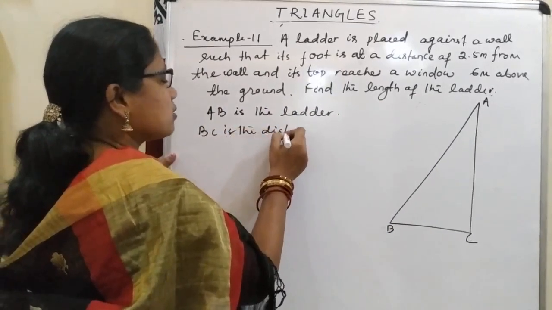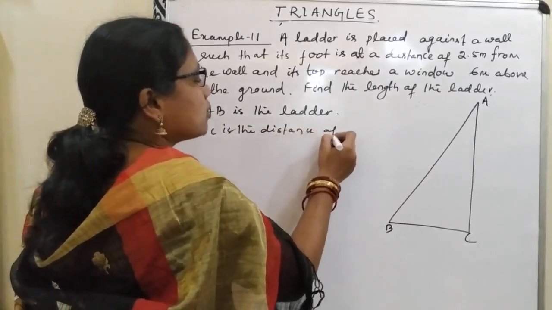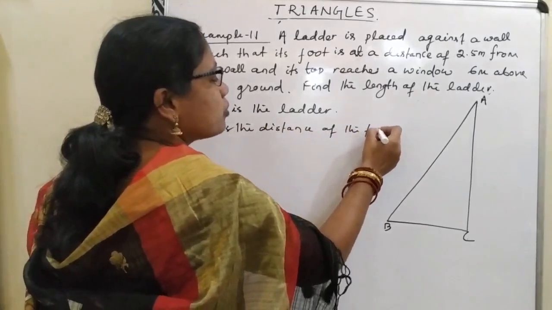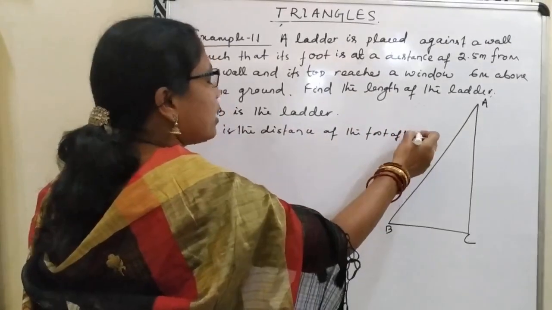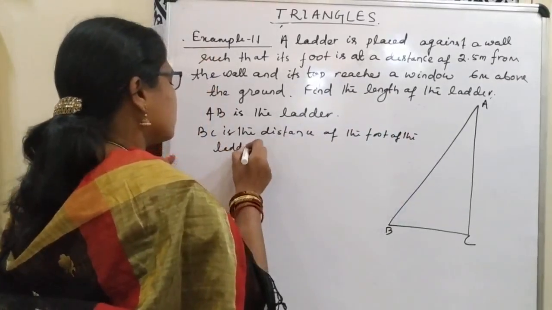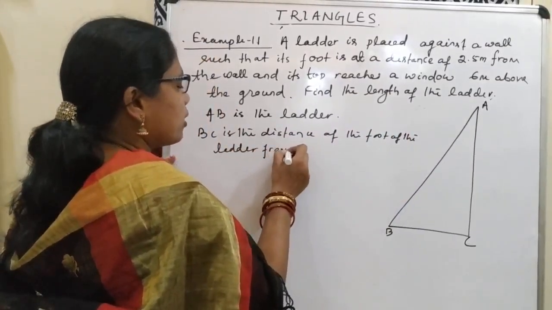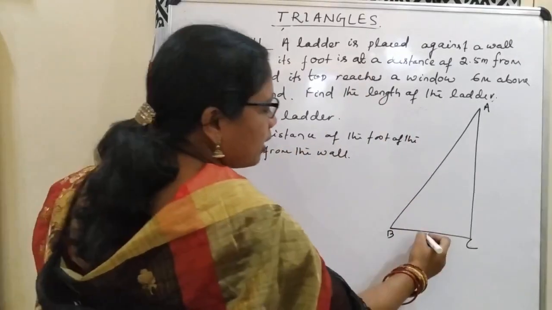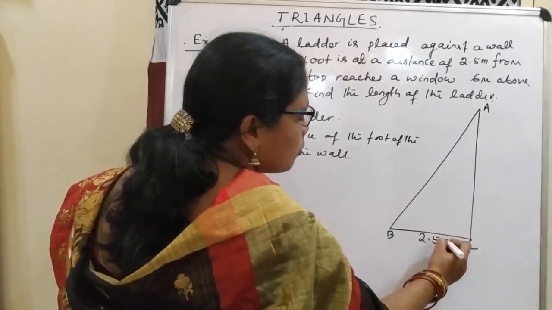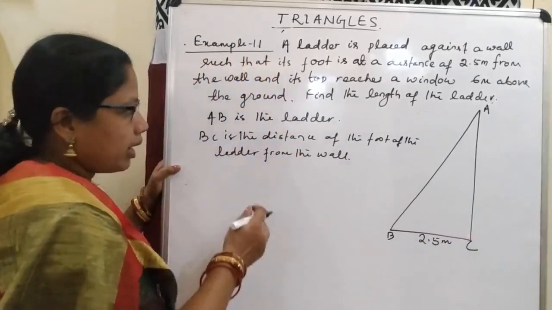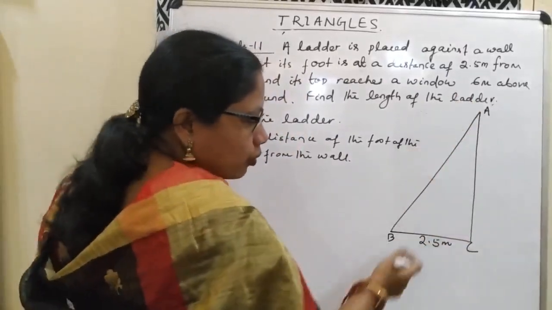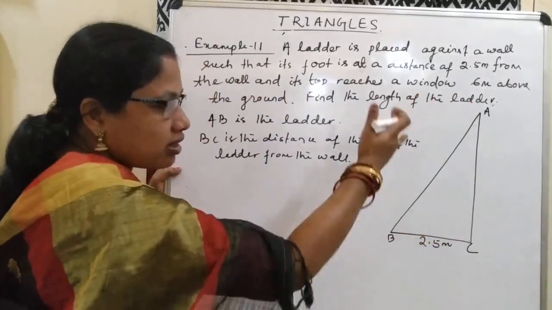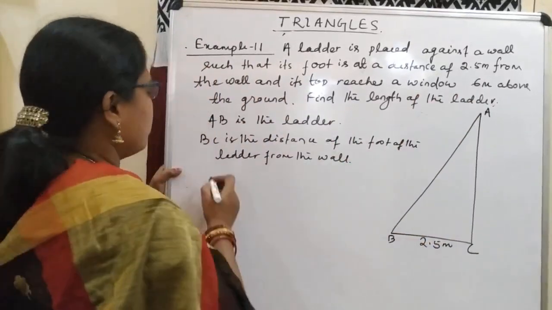the distance of the foot of the ladder from the wall, and it is given that BC is equal to 2.5 meters.